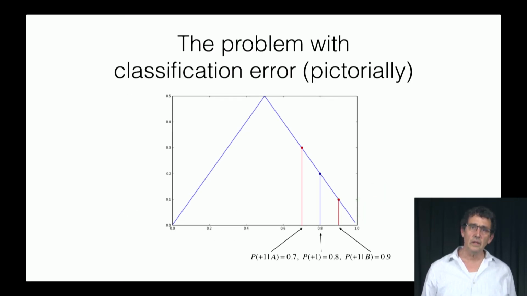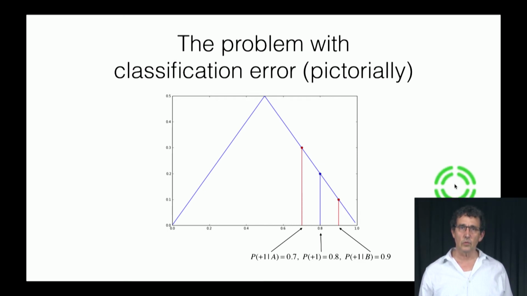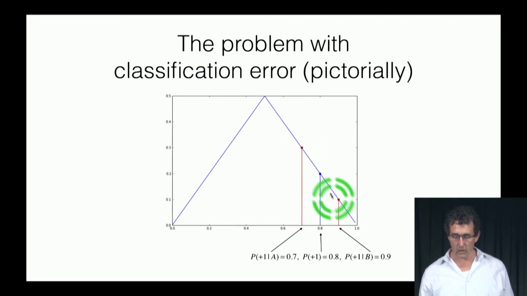A different way to look at this problem with using classification error is to look at this graph that basically gives you, for every probability of the plus label, the probability of error. Over here the probability is p, and over here it is 1 minus p. And what we get is this triangle. It's a correct representation of the error, but it is also linear on the sides.